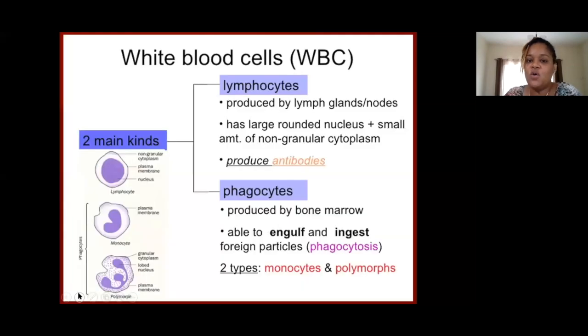Our lymphocytes are produced in our lymph glands and nodes, and our phagocytes are produced in our bone marrow, okay? They have two different functions. Like I mentioned earlier, the phagocytes are the front line, they fight off invaders right away. They go for the attack. And our lymphocytes are more like the long-term immunity. So they produce antibodies. They also help in fighting off cancerous tumors and viruses.